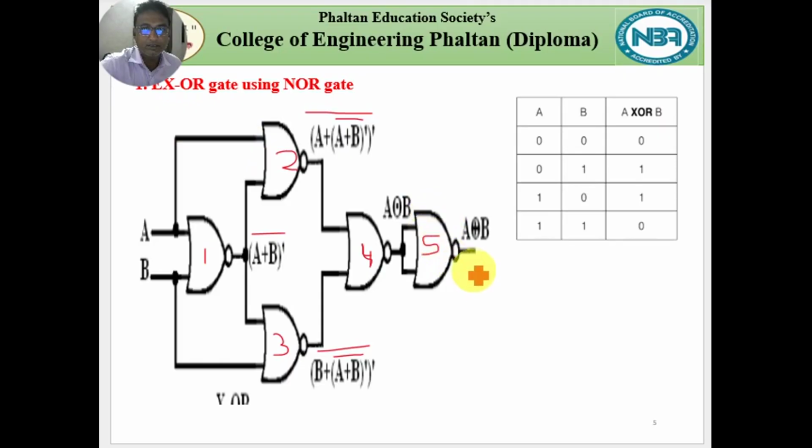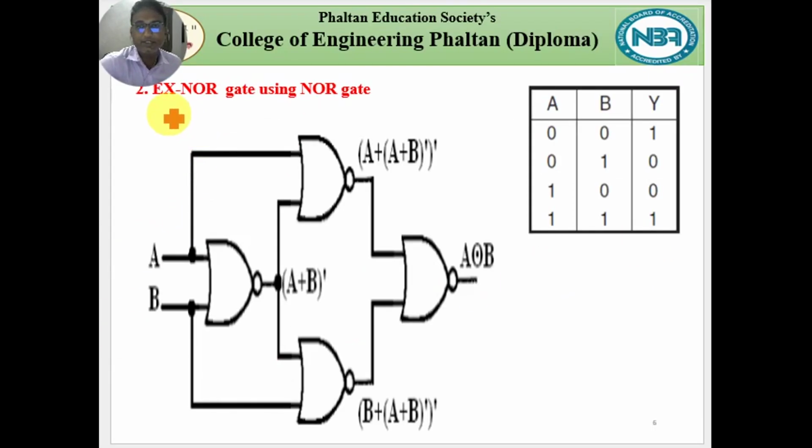We can verify this by using the truth table: for 0 0 the output is 0, for 0 1 it is 1, for 1 0 it is 1, and for 1 1 it is 0.